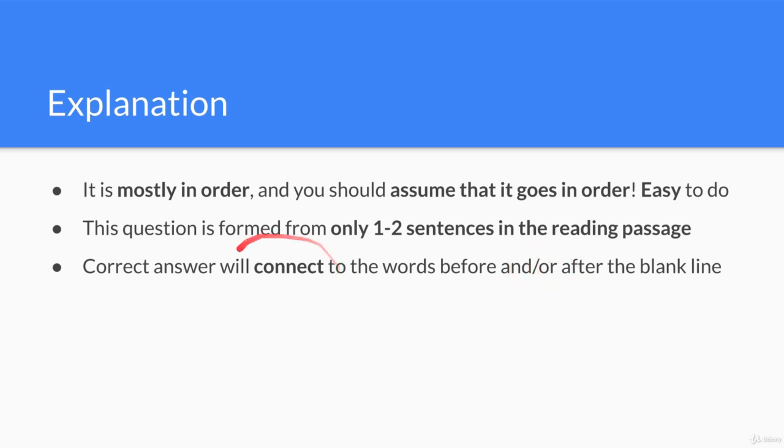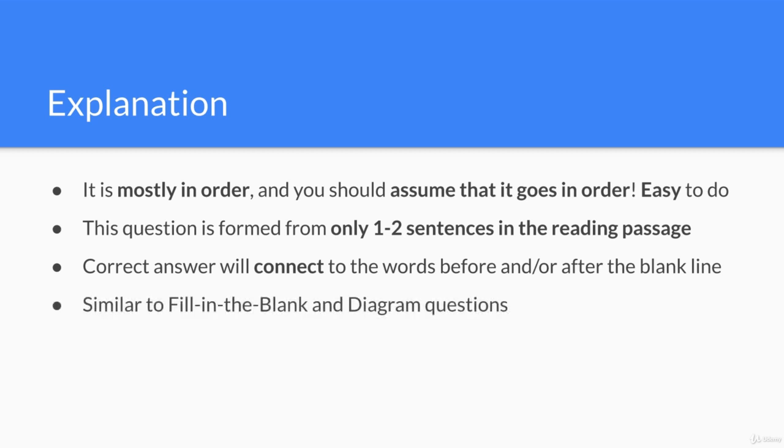So always pay attention to these connecting words, because they are going to tell you whether the answer that you have picked actually fits in the sentence or not. So in that sense, these questions are similar to fill-in-the-blank questions. They're also similar to diagram questions, because in diagram questions, you pretty much have the same thing. You're going to have blank lines and you have to fill them out by looking at the keywords and by looking at the connecting words.